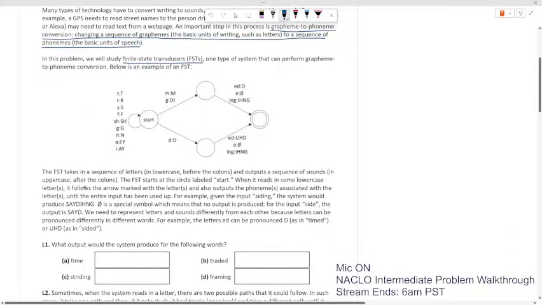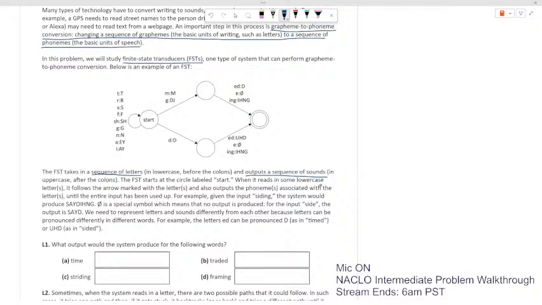The FST takes in a sequence of letters in lowercase before the colons and outputs a sequence of sounds in uppercase after the colons. The FST starts at the circle labeled start.